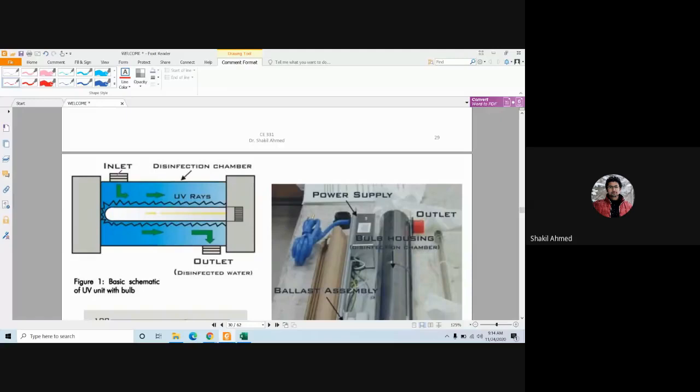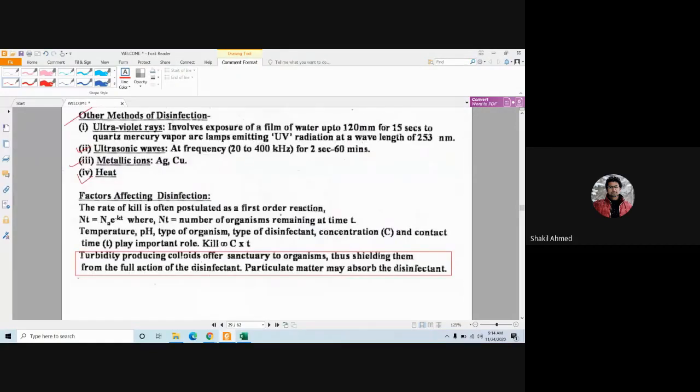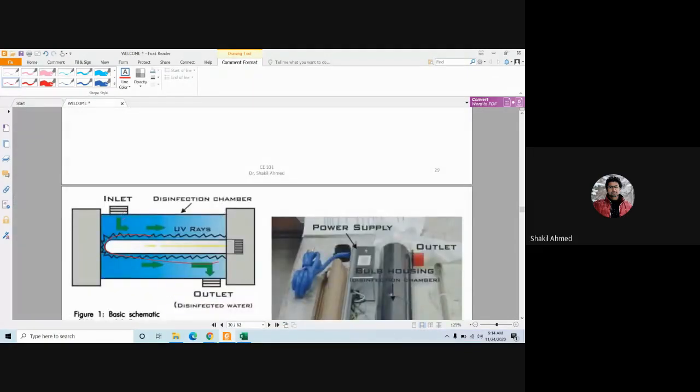Two or three tubes have filters, and one tube has a bulb, and this bulb produces a ray which is ultraviolet ray. Whenever the water passes through this, the ultraviolet ray passes through the water and kills the pathogens. Is it clear? Yes, sir.